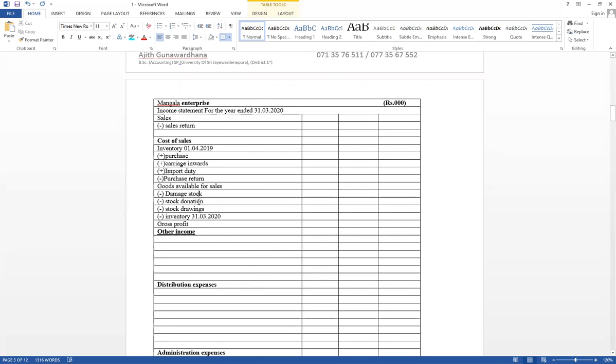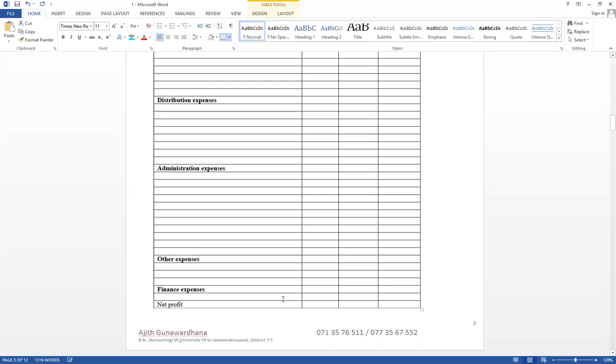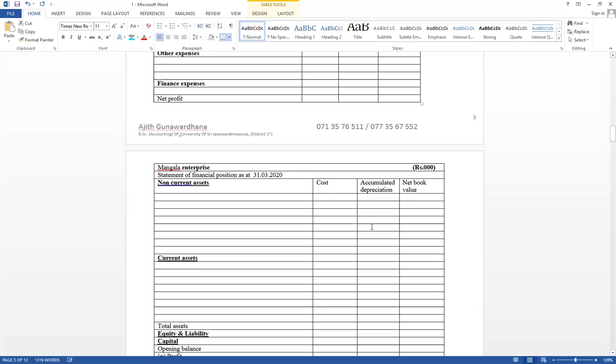Think about this part, very important. Those should be deducted only if given in additional information. If those are given in the trial balance, they should not be deducted here. Very important. Then see the statement of financial position, also as at 31st March 20.